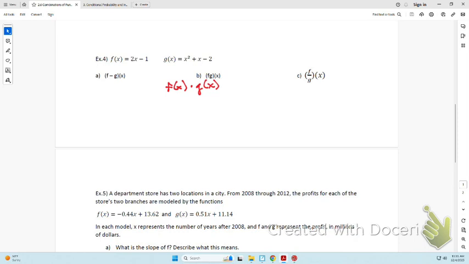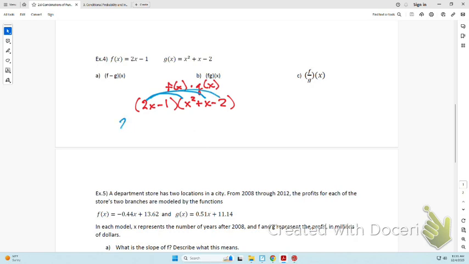So I write function f with parentheses and g with parentheses, and I distribute. So we're going to go 2x times that, times that, times that.